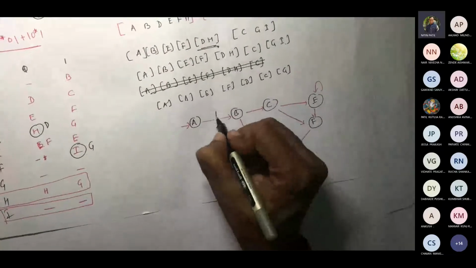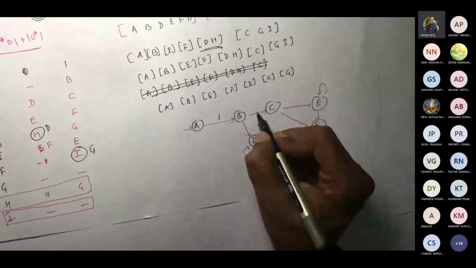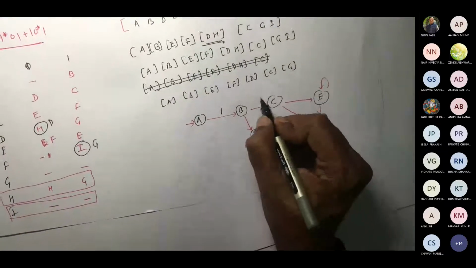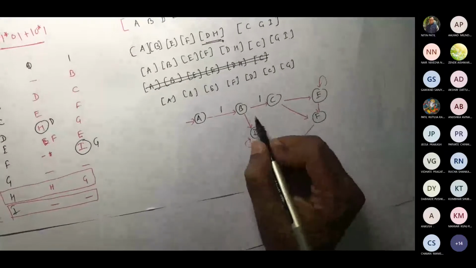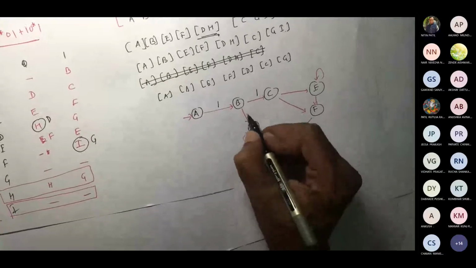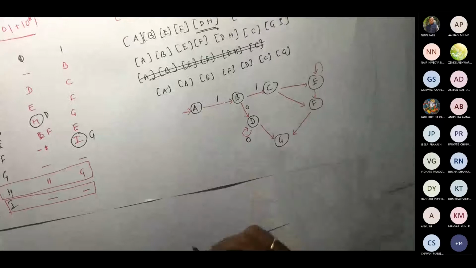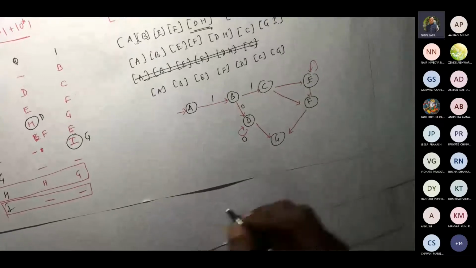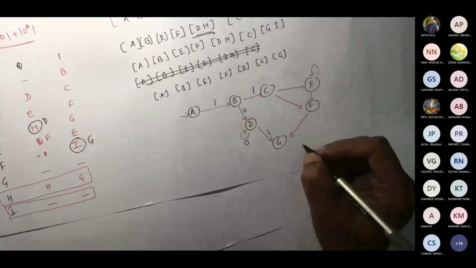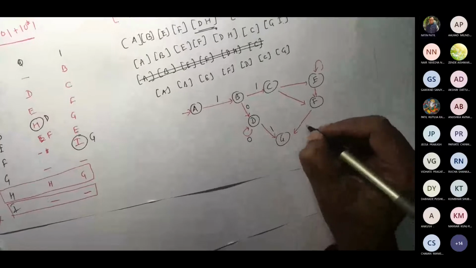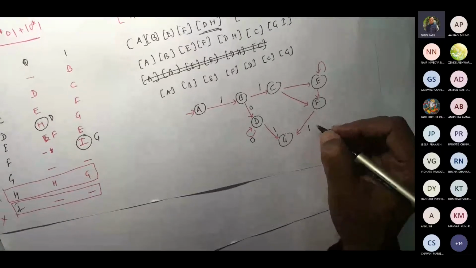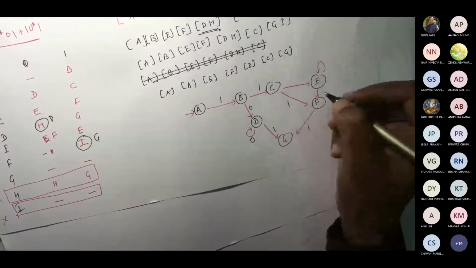What are they? B gives C on 1. B to D on 0. D to H on 0, D to G on 1. F to G on 1. C to F on 1.